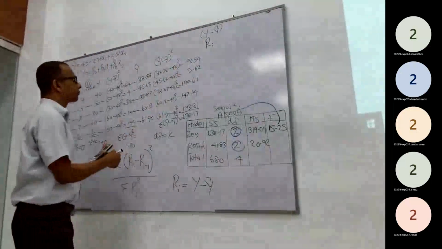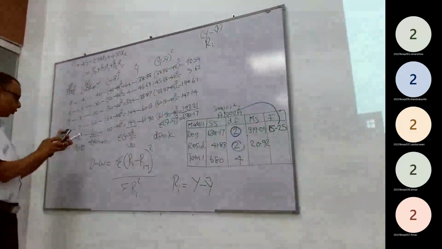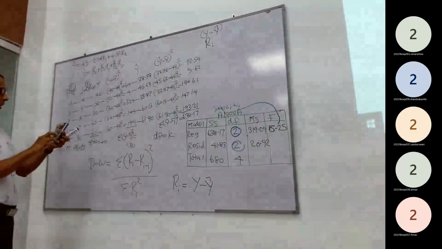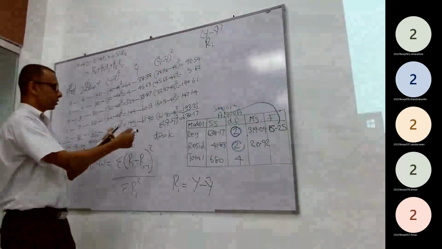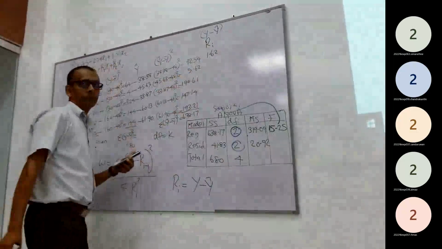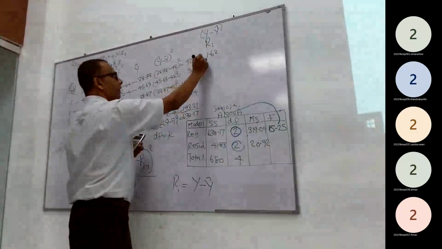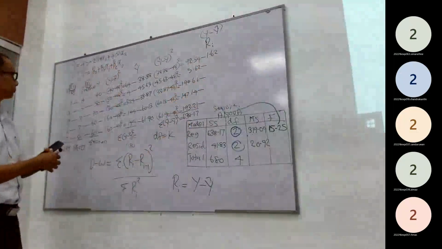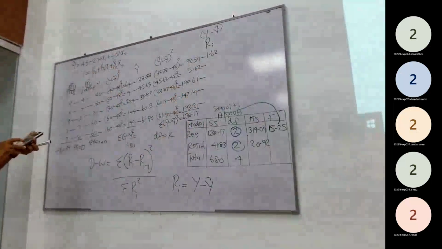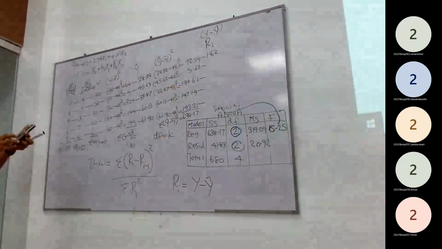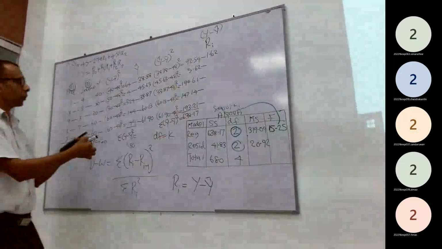Right, first point: Y is 40, y hat is 38.38, so 1.62. Next, 50 minus 45.63 is 4.37.